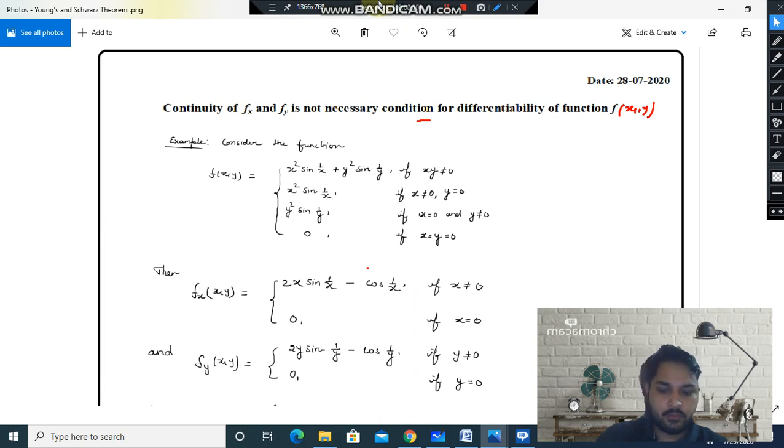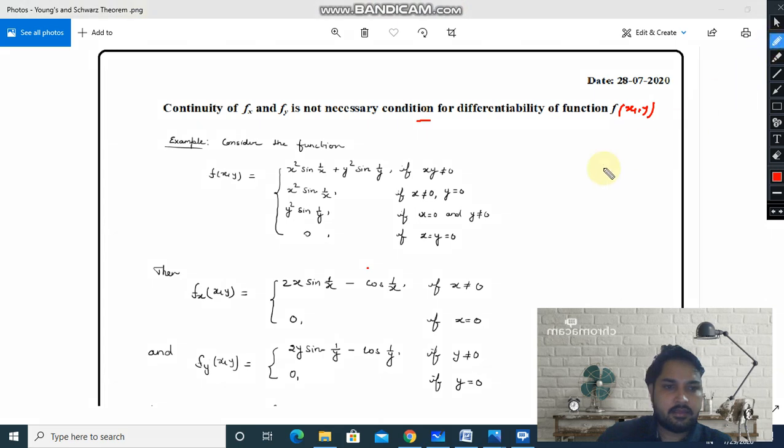So here we have a function f(x,y), and this f(x,y) is defined like this. f(x,y) is equal to x squared sine 1 upon x plus y squared sine 1 upon y if x into y is not equal to 0, and this value is x squared sine 1 upon x if x is not equal to 0 and y is equal to 0.